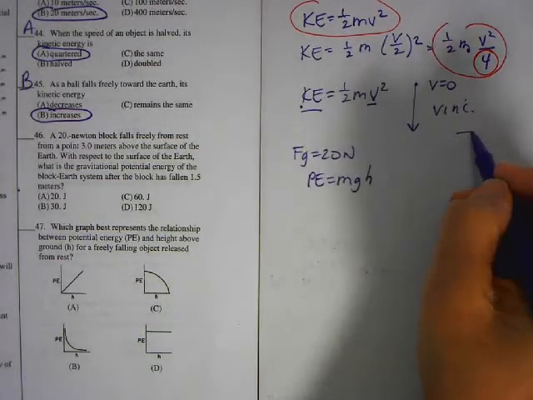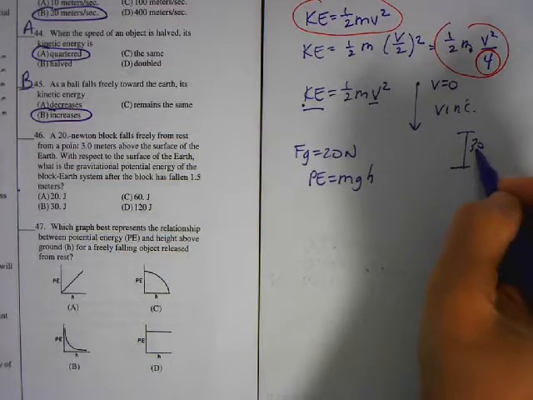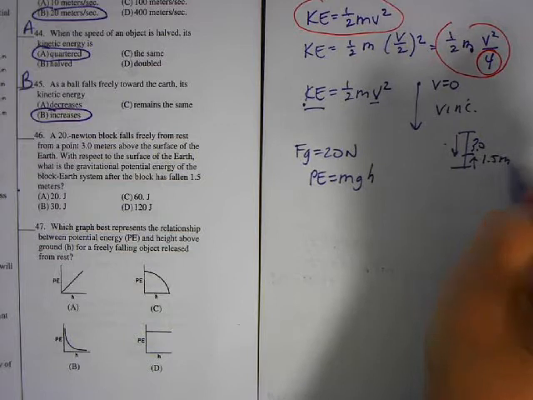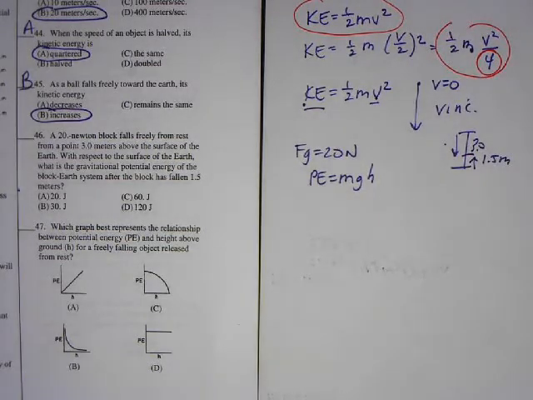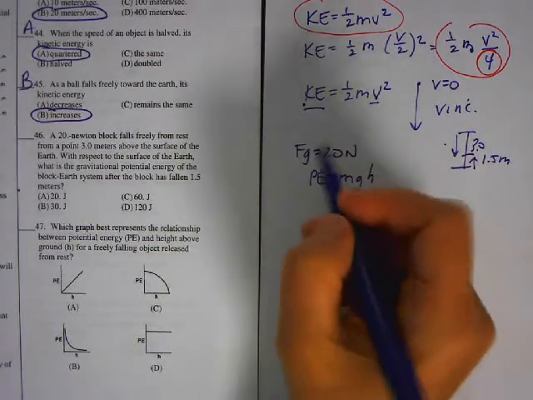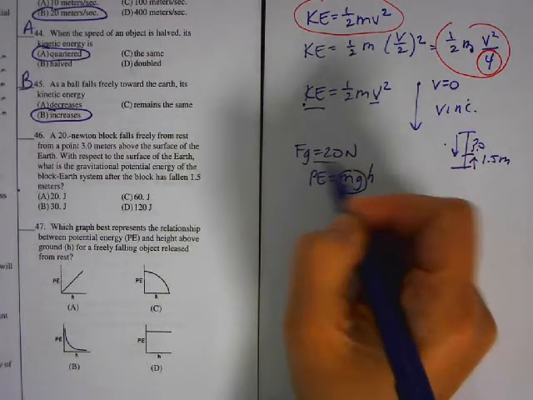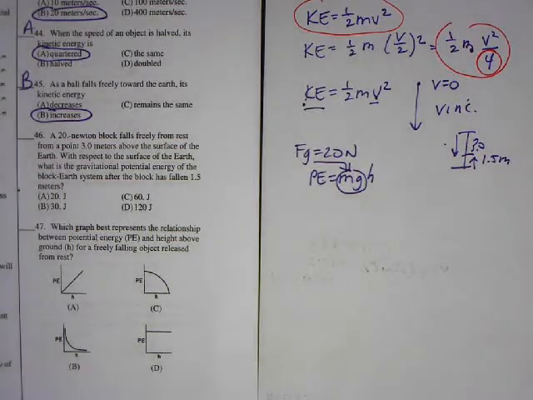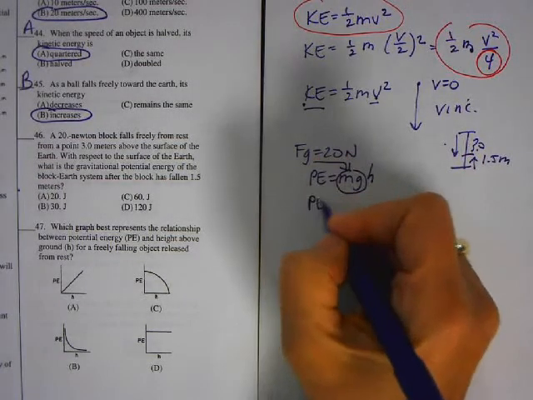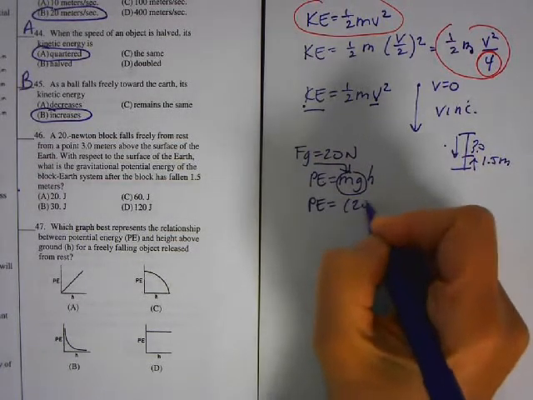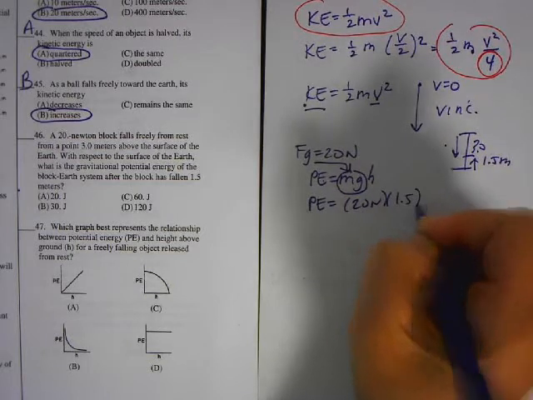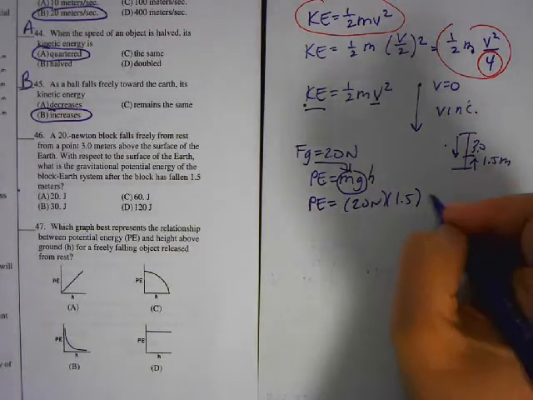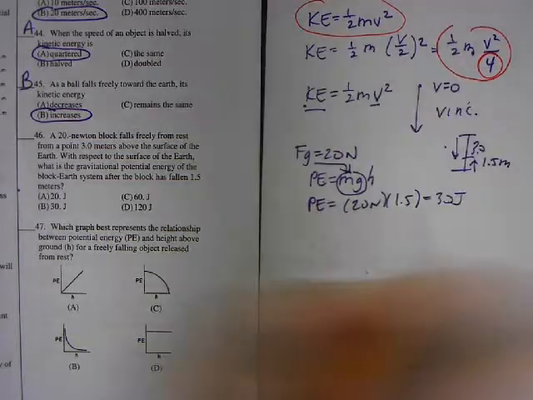Well, if it starts off at 3 and it falls 1.5, the distance above the earth is going to be 1.5 meters because 1.5 plus 1.5 is 3. So mg is the weight times the height above the ground. So potential energy is the weight, 20 newtons, times 1.5 meters. So that comes out to be 30 joules.